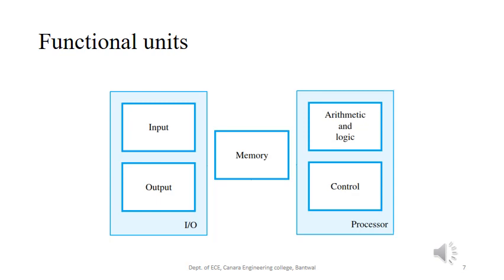The data memory holds the data. For example, if you want to add two numbers, you will be entering the two numbers in the input unit, that is using the keyboard.